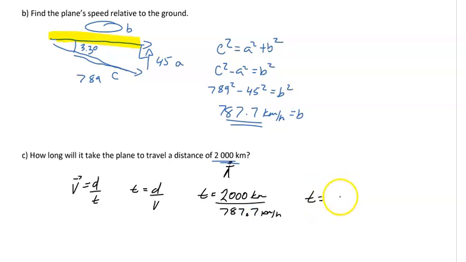So that time is going to be 2.538 hours. And yeah, I know it goes on and on and on. Which really means 2 hours, and if we want to figure out the 0.538 in minutes, we're going to multiply just the decimal by 60 minutes, and it's actually 32 minutes.